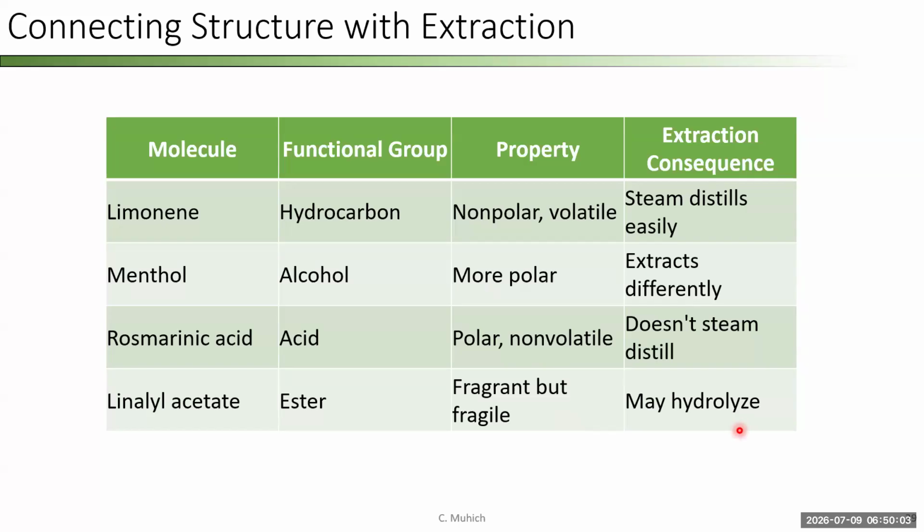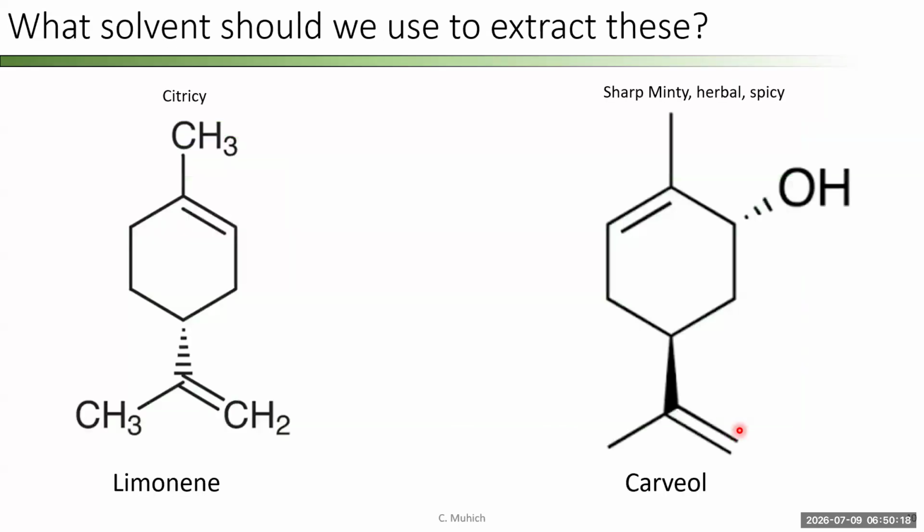The water may end up breaking down those ester functional groups and changing the underlying structure, and therefore the way that we're going to experience those compounds. All right. So my takeaway question for you is, looking at the structure of limonene and carvone, which solvent would you suggest using to extract them if we're going to do a solvent-based extraction technique?